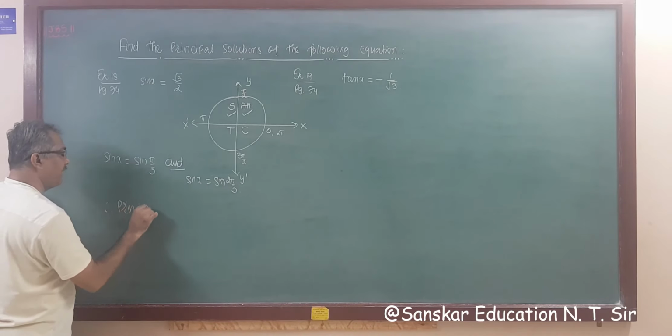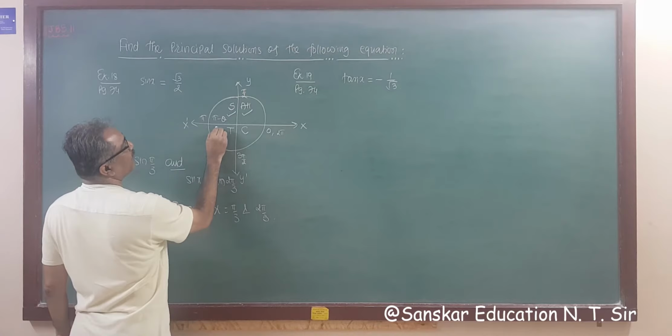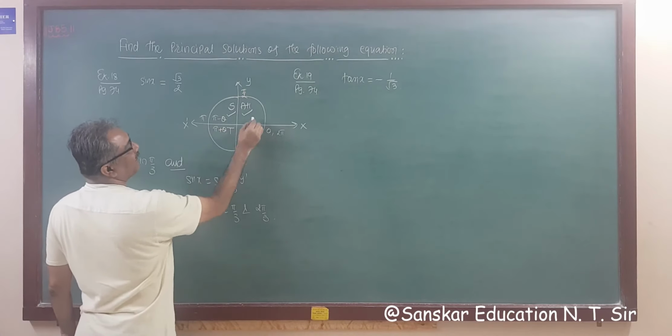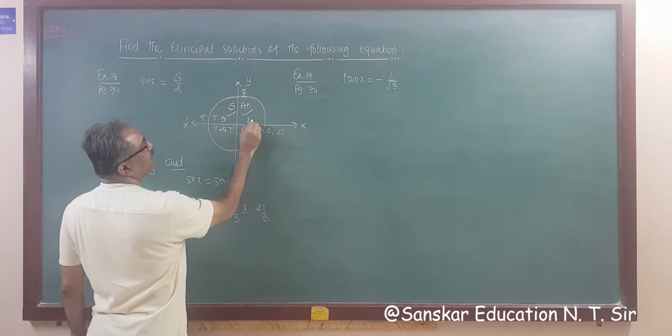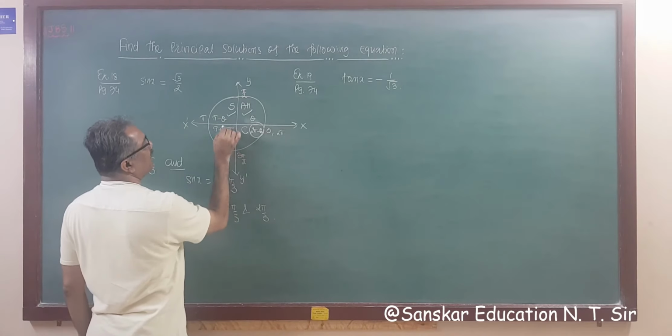You know first quadrant as it is, second quadrant 1 less than the denominator, third quadrant 1 more than the denominator, and fourth quadrant 1 less than the double of the denominator, right? Second quadrant means pi minus theta, third quadrant pi plus theta, right? First quadrant is again 2 pi plus theta, but here you have to consider theta, and fourth quadrant is 2 pi minus theta, that you have to remember.